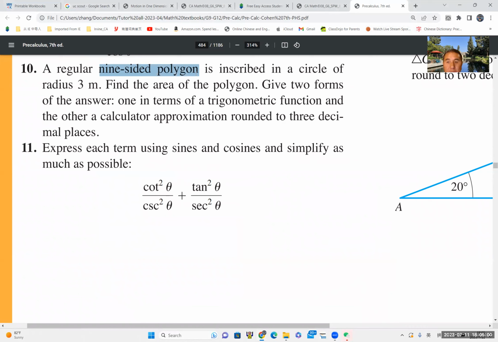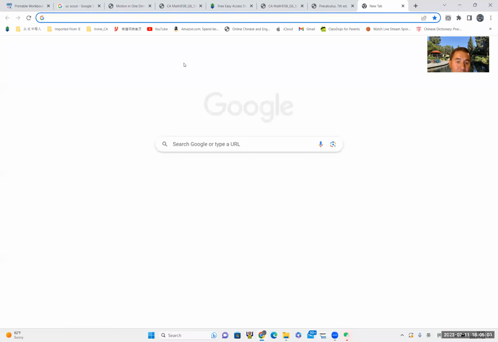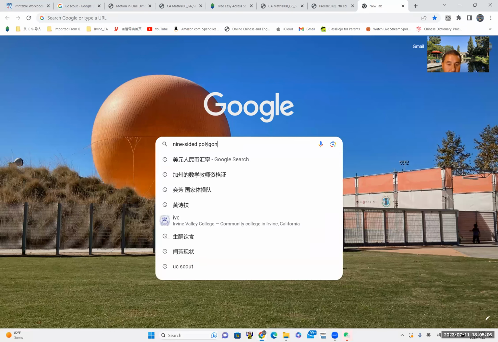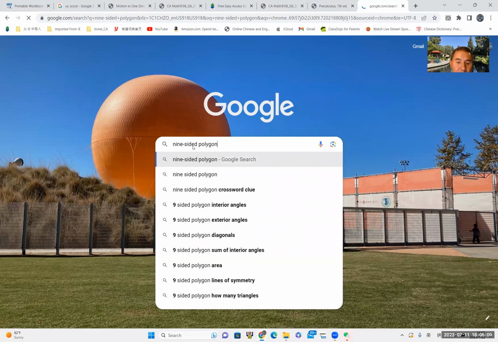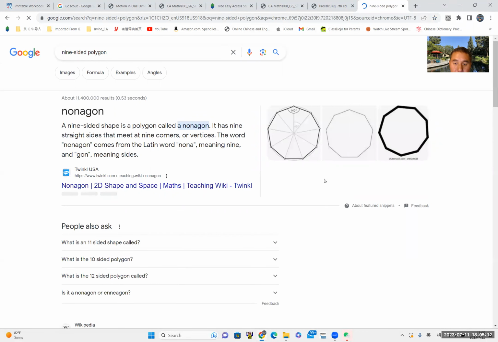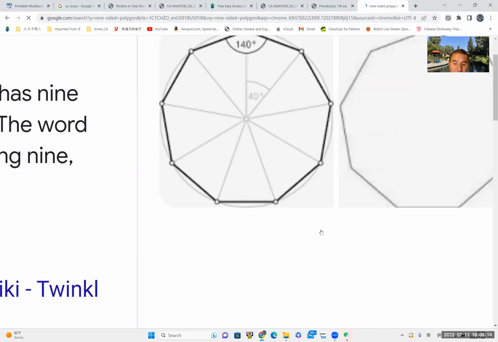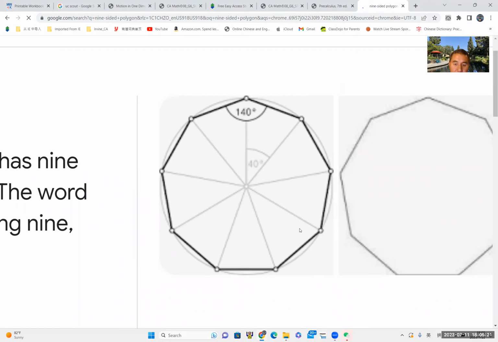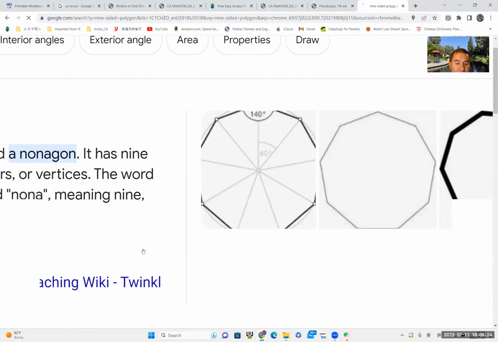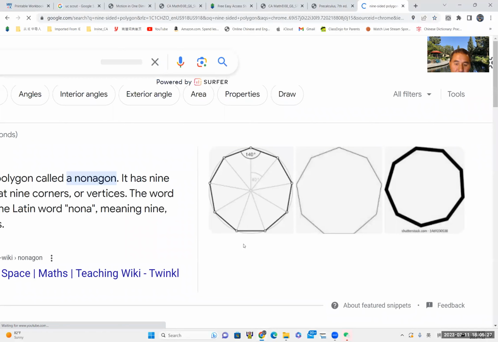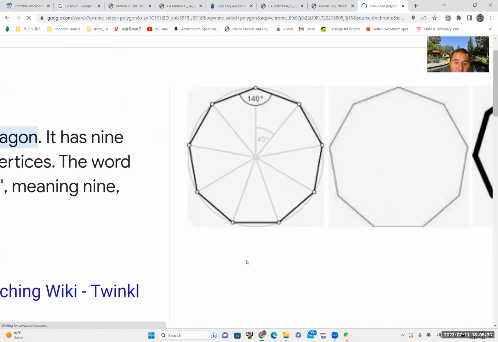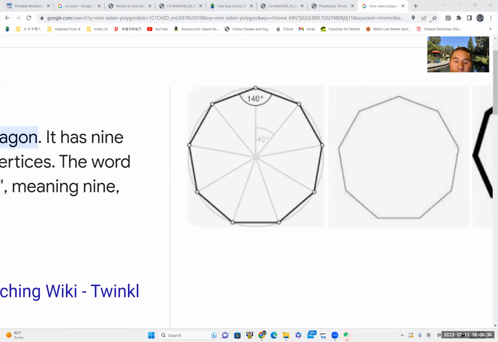How about we go to search and find one. So this is the circle they mentioned.